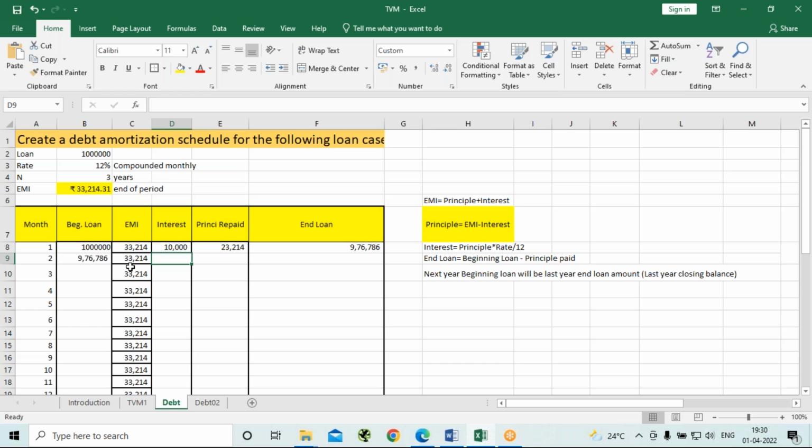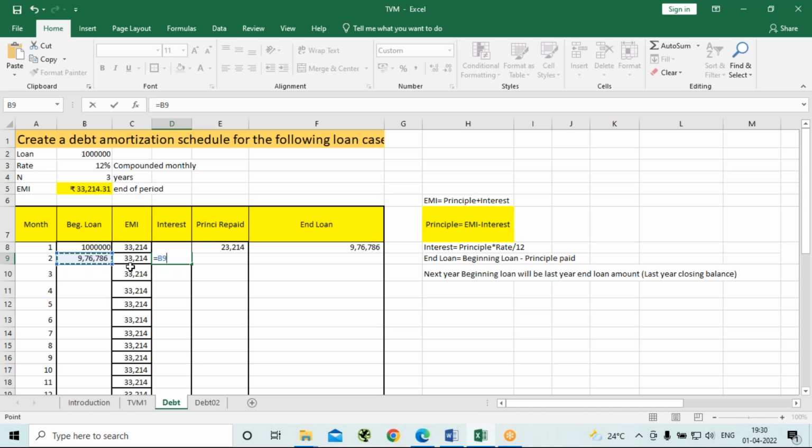So now, again, how do I do the calculation of interest? It should be equal to that year's opening balance or beginning loan. I should select it. I should not select the 10 lakh every time, that is the starting loan only.